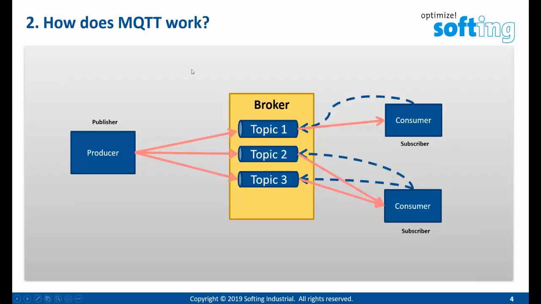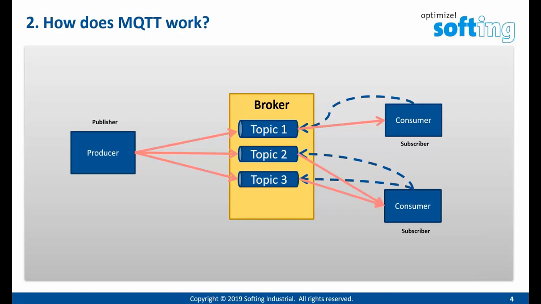So how does MQTT work? It is separated in three parts. We have on the left side a publisher, in the middle is the broker, which is some kind of distributor or dispatcher, and on the right hand side we have the subscribers.